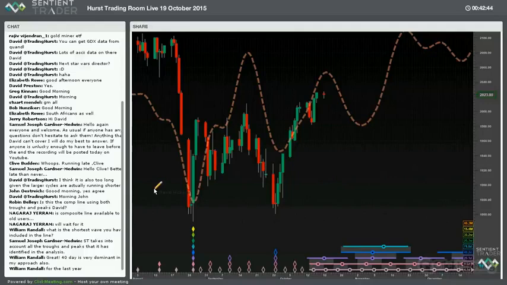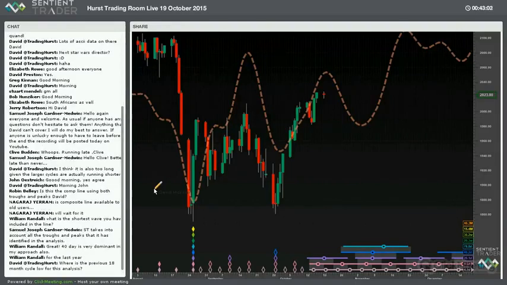What does that mean? It doesn't mean that Sentient Trader is performing a better forecast of the future. You need to be careful of that. What it does mean is that the analysis that is producing the cyclic model, the composite model, is matching price action more closely.